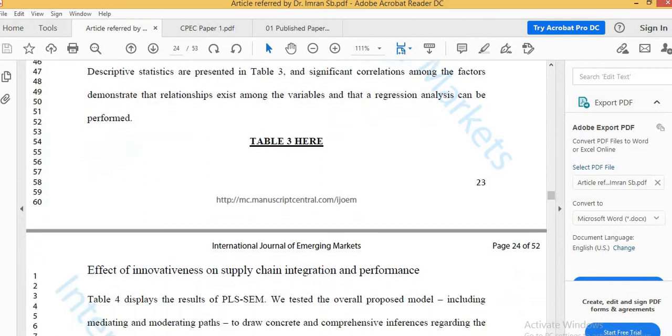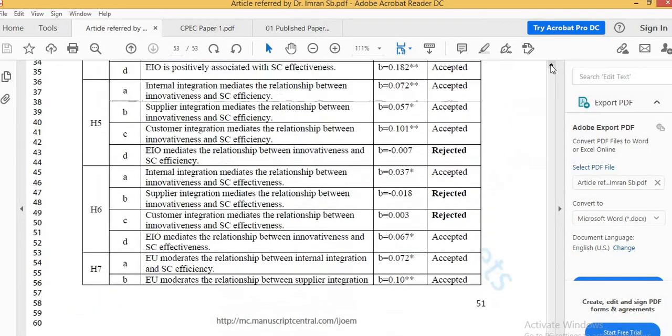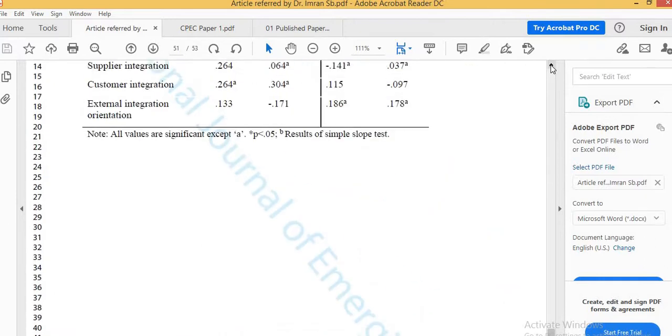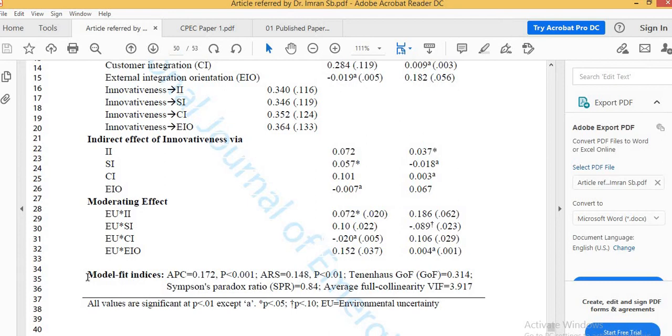Look at this. Just remain with us. So this is the model fitness. They report these figures, as we highlighted and explained all these terms in our previous lecture.